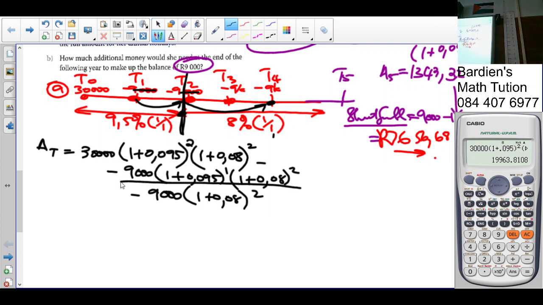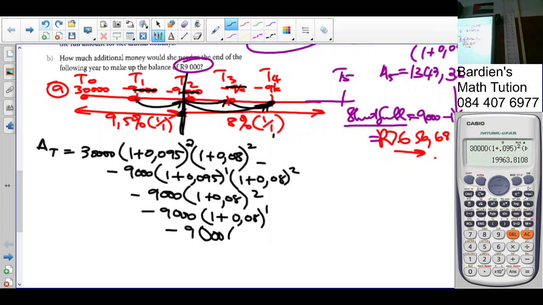So that is the first withdrawal, that's the second withdrawal. Okay? So let's go with minus 9,000 into 1 plus 0,08 to the exponent 1. Minus, so it's going to be that one for 1 year. Can you see that? No, it's from there to there. That's the first 9,000, that's the second 9,000, that's the third 9,000. So for the fourth 9,000, it's just minus 9,000, sorry.